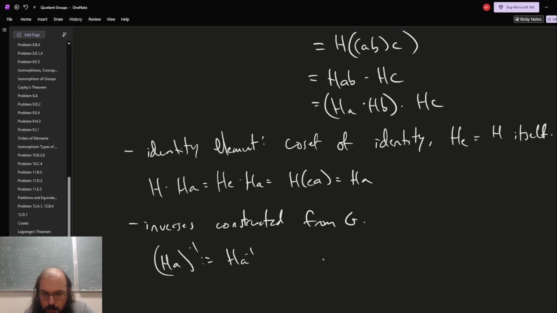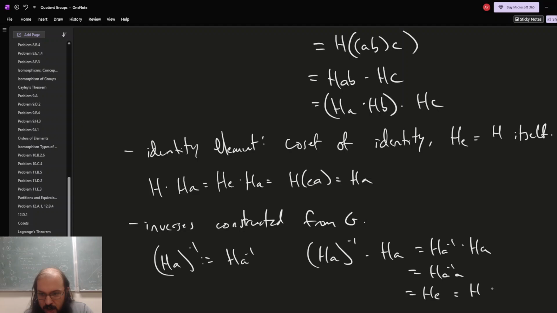And this is an inverse because Ha inverse times Ha is H(a inverse a), or He, or just H, which is what we just said is the neutral element of this construction. Had to do a little bit of squeezing there at the end. Okay, and that seems to be everything we need to prove to show that this is a group. So we've established the theorem.